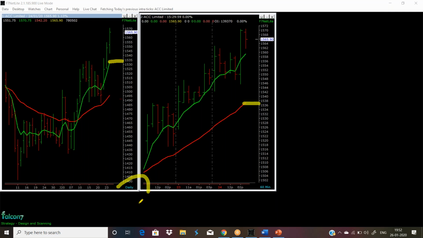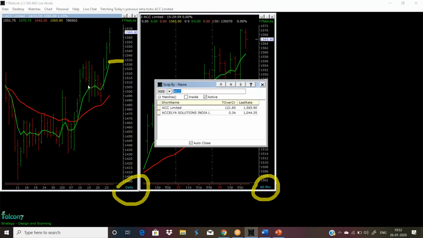Daily is higher, 60 minute is lower. You can compare with any other stock. Go to Reliance, but take liquid stocks.